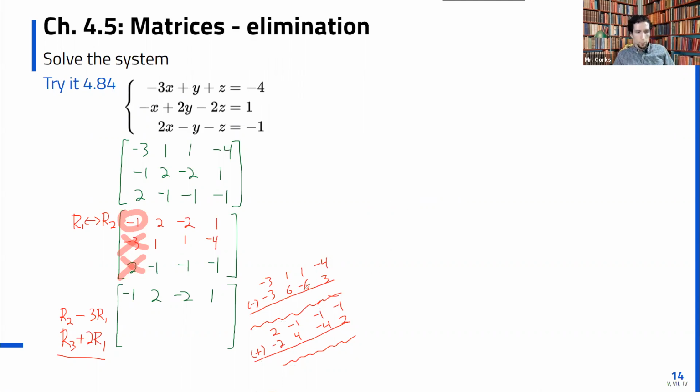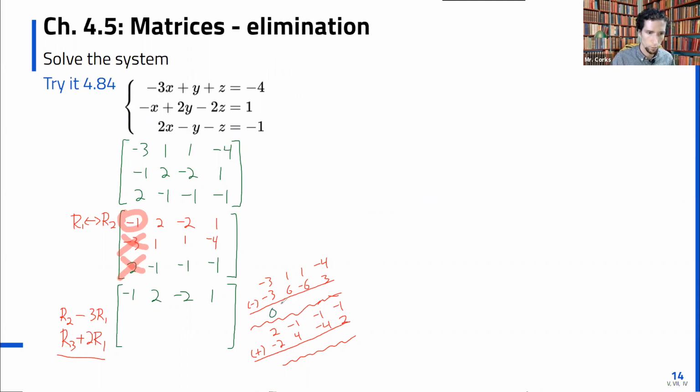All right, can someone tell me what our new row 2 will be? Zero, -5, 7, -7.